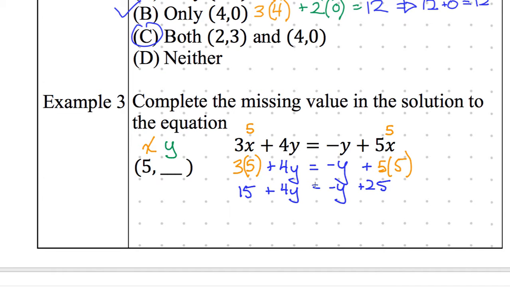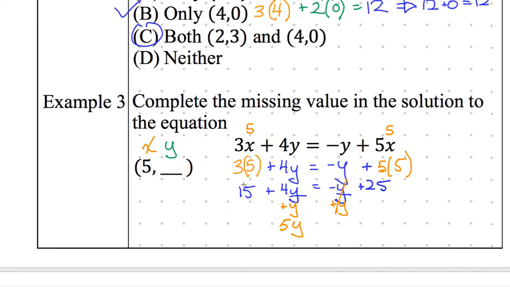Now just treat this as an equation that you can solve. I'm solving this equation for y. And that makes sense, right? The only unknown variable, there's only y that I don't know, that's the one I'm trying to find because I need to figure out what goes in for y. All right, so to solve this one, I'm going to add y to both sides, and that gets rid of this y, it moves it to the left-hand side, and I have 5y.